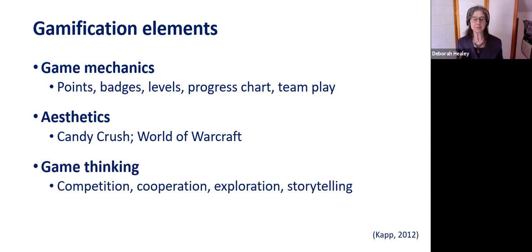And then the third element is game thinking. This includes competition, cooperation, exploration, and storytelling. Game thinking is very much related to aesthetics, the feeling of being in a game. It's also different from, let's turn to page 23. Game thinking puts activities into a game context.